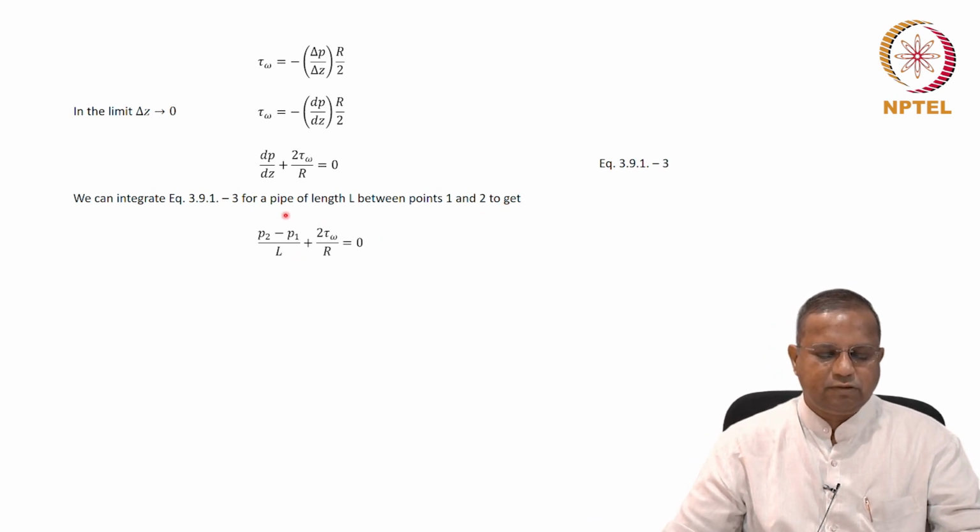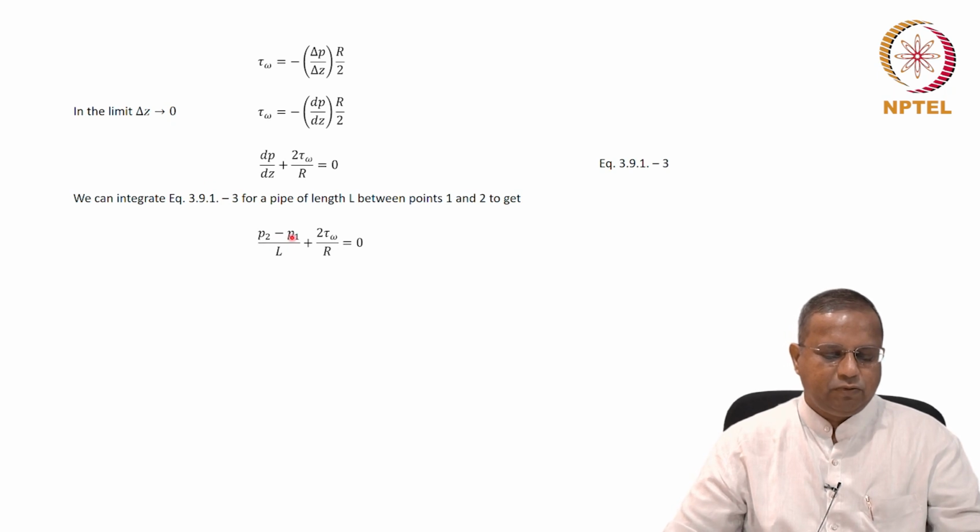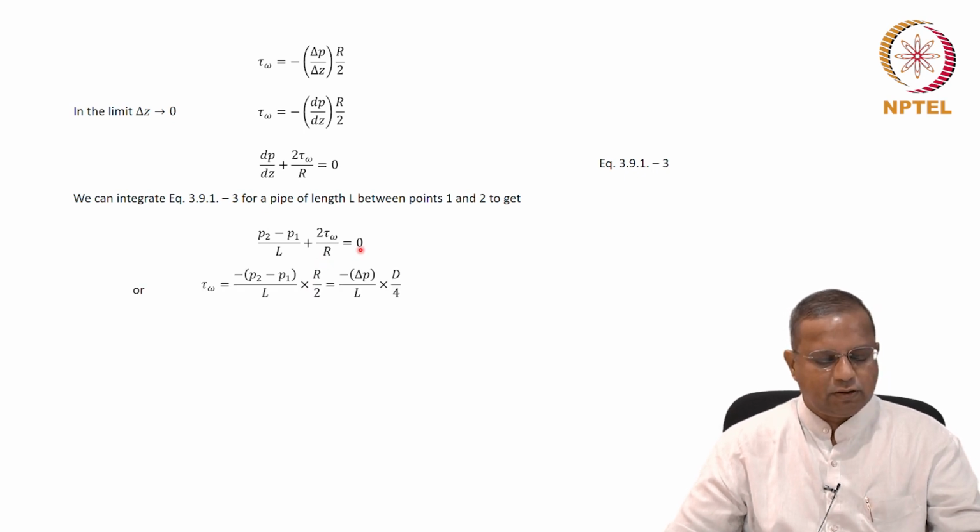And we can integrate this equation for a pipe length L between points 1 and 2 to get this relationship, which is more useful because these are measurable quantities, or most of them are measurable quantities. This can be estimated and so on. So if you integrate this, between limits 1 and 2, we get P2 minus P1 by L plus 2 tau W by R equals 0, or tau W is nothing but minus P2 minus P1 by L times R by 2, which can be written as minus delta P by L times D by 4.